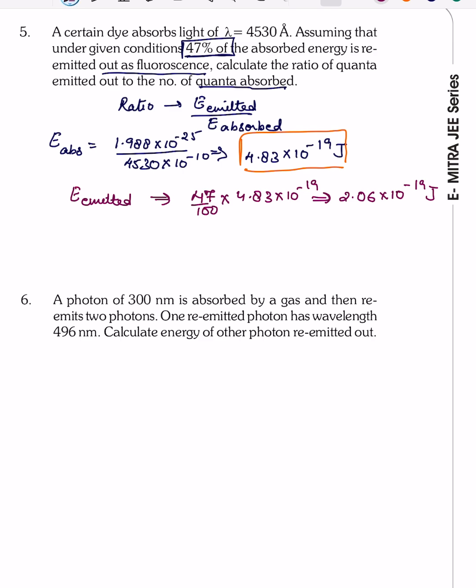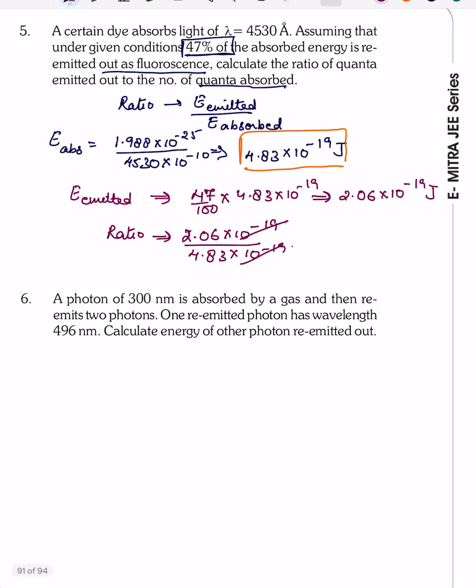And we have to find the ratio of these two energies. So the ratio will be equal to 2.06 into 10 to the power minus 19 upon 4.83 into 10 to the power minus 19. 10 to the power minus 19 cancels. This comes out to be 0.47.